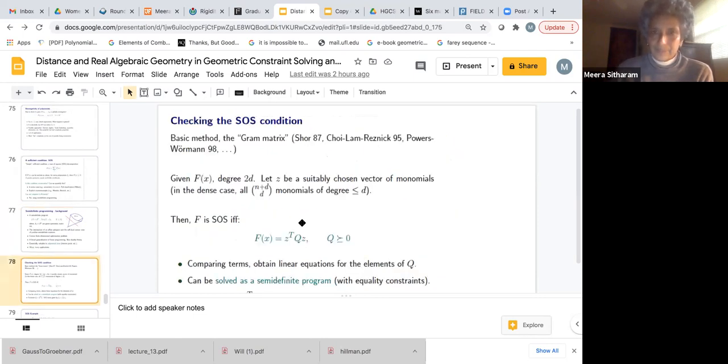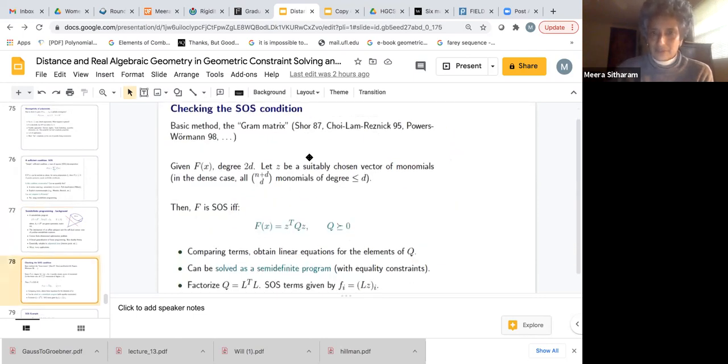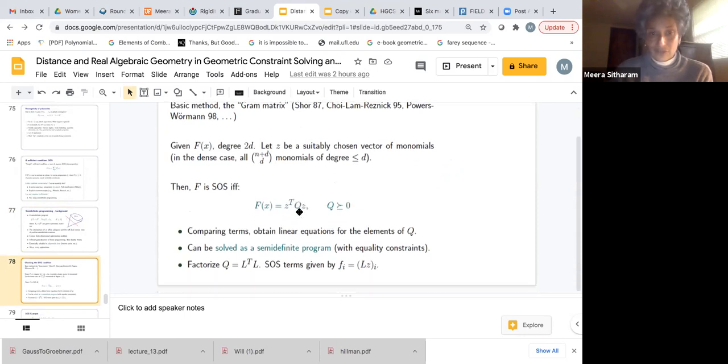So the basic method is called the Gram matrix method. Given f(x), Z is a suitably chosen vector of monomials. In the dense case, you're going to need all the monomials. Remember, we're trying to get an SOS, or sum of squares, expansion of a given polynomial to determine whether it's non-negative.